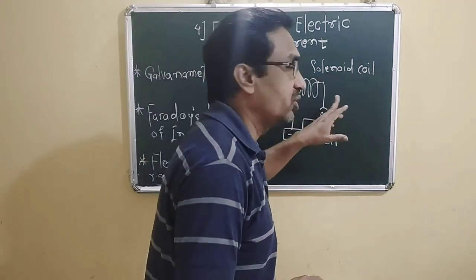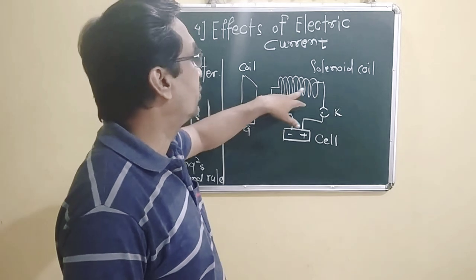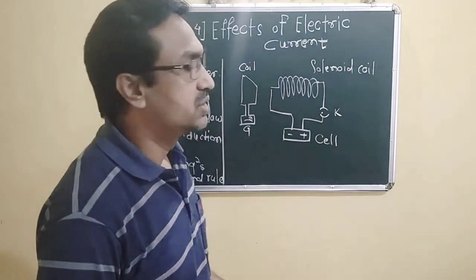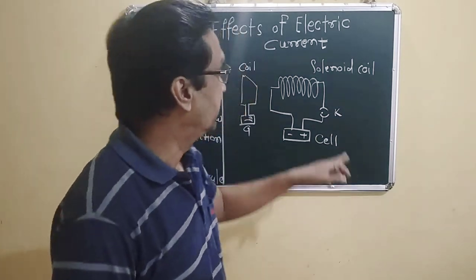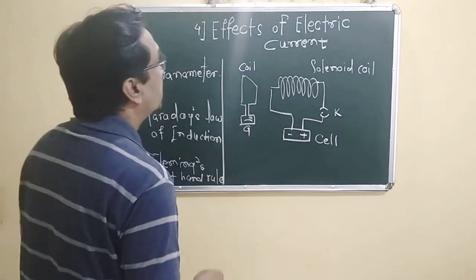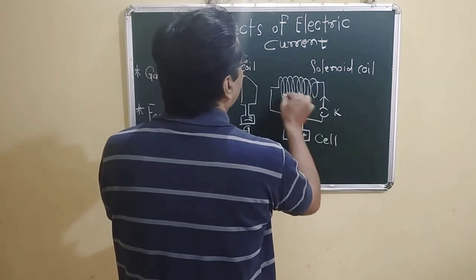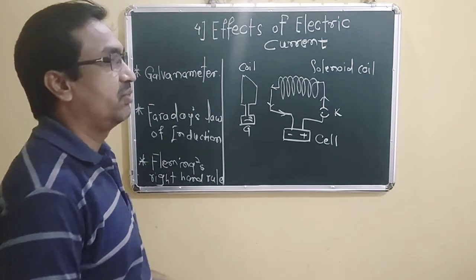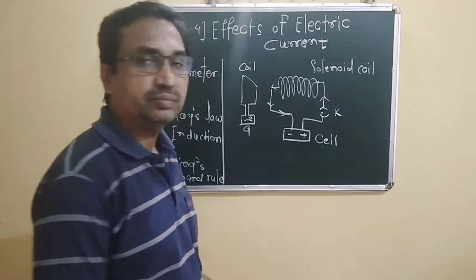Here is a solenoid coil, and here is an electric circuit with a key and a cell. When the key is closed, the electric current flows in the circuit.